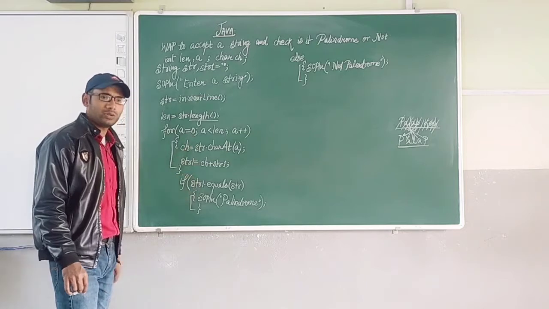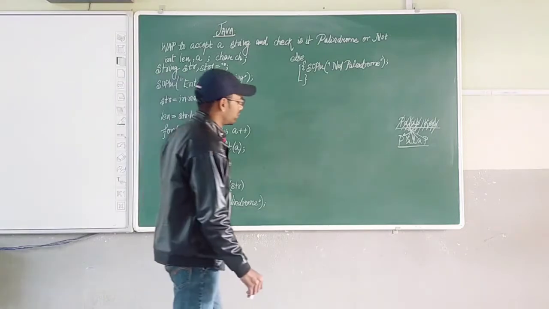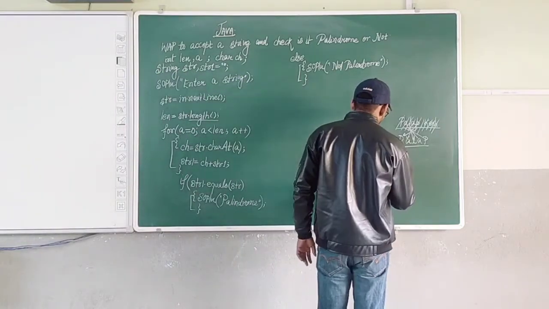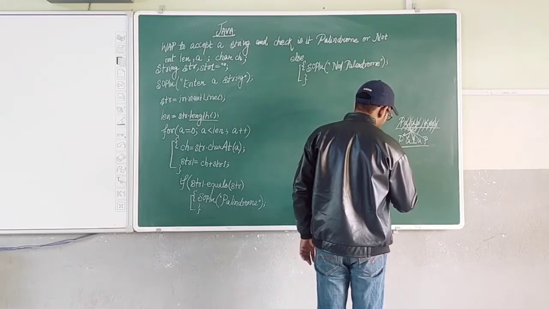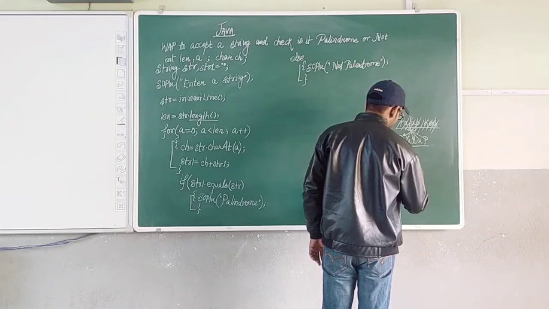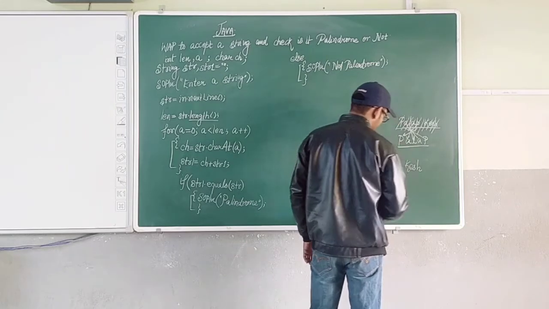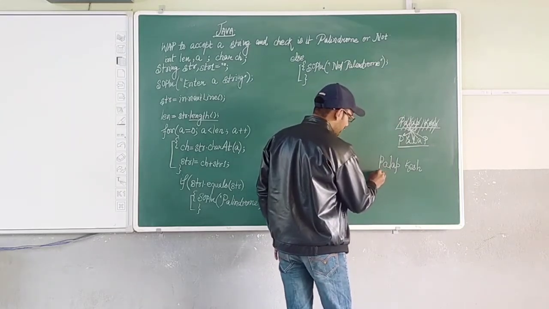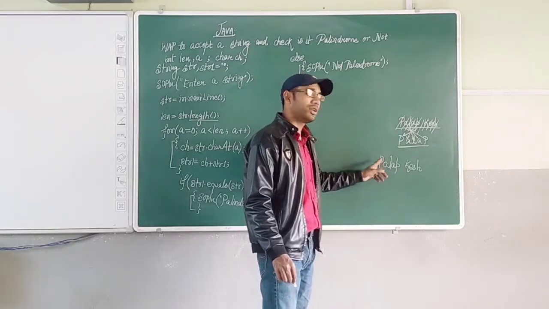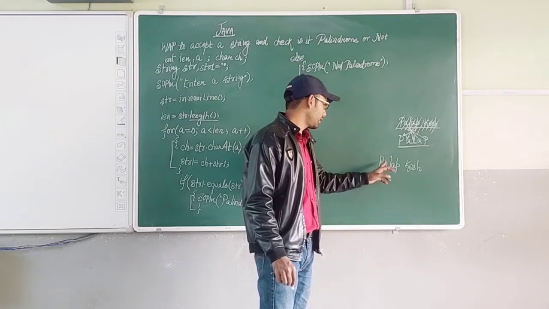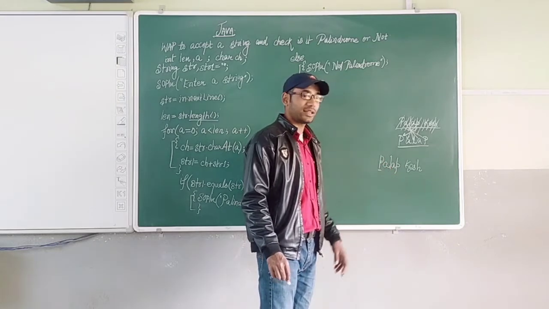Why is a 0? Because whenever we write anything, P A N T space A E S H, the position of this first character, this P, will be known as the first character. This is the first character, this is the second character, this is the third character, like that.